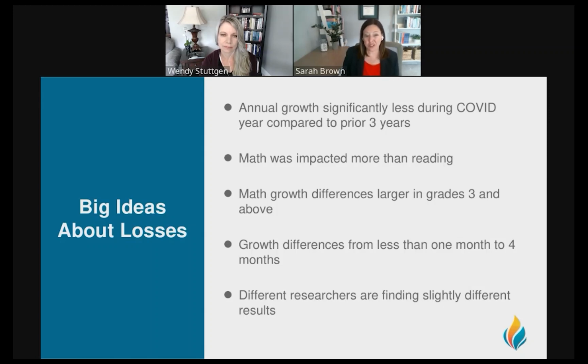One other final thing to note is that these data represent only one study and didn't capture the results from a long period of time. So the data from the last school year still continue to be examined. But what we know is that we do need to take these considerations into context as we're making decisions around special education this year.